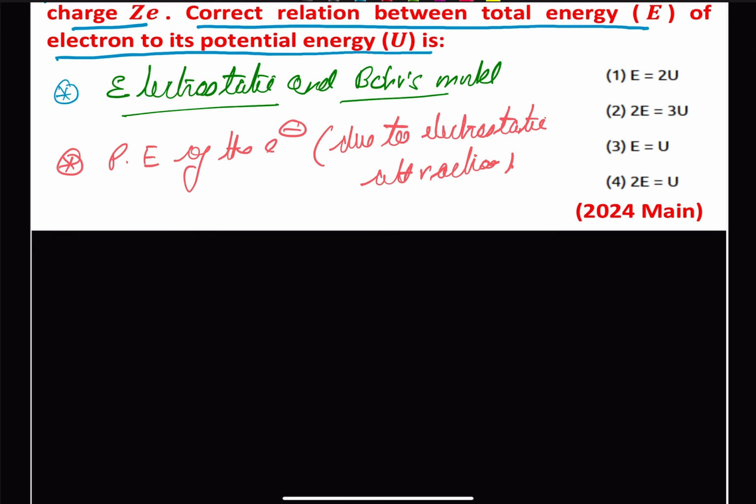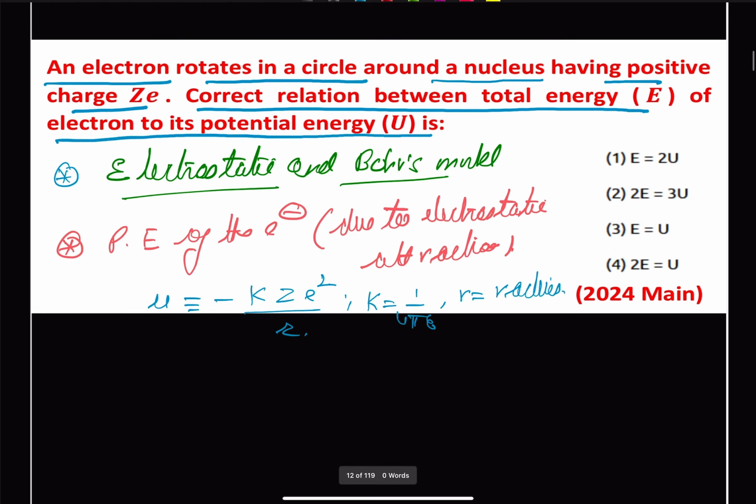So we can say our U is equal to minus k z e square upon r, where k is equal to 1 upon 4 pi epsilon naught and r is the radius.